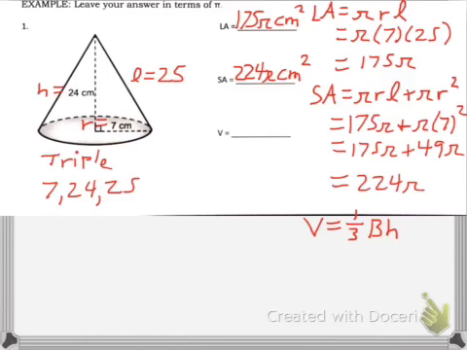For volume, remember capital B stands for the area of the base. We have not found that yet. So in this case, I need to figure out what's capital B. Remember, the area formula for a circle is pi r squared. So that would be pi times 7 squared, which is 49 pi.